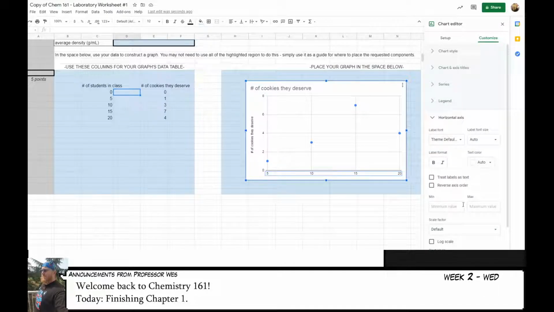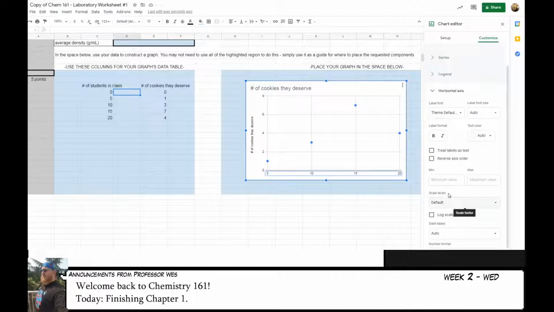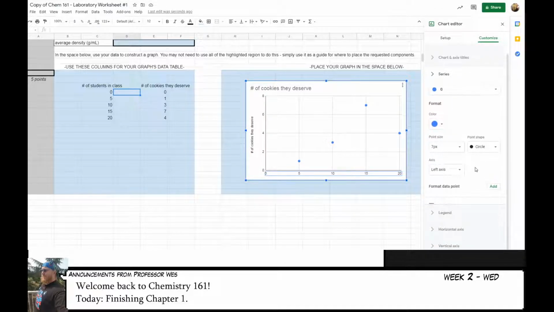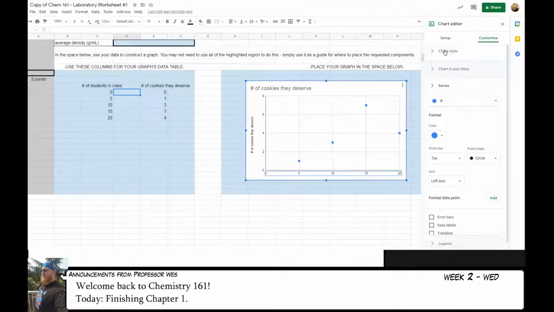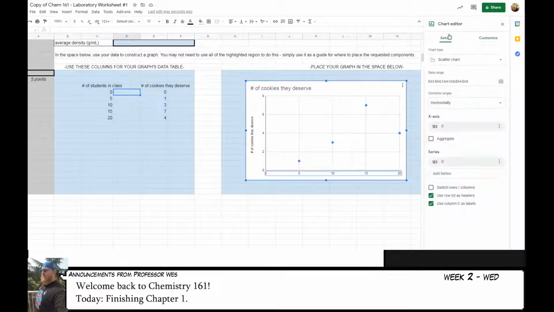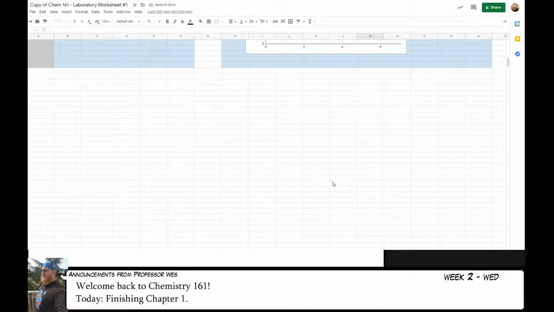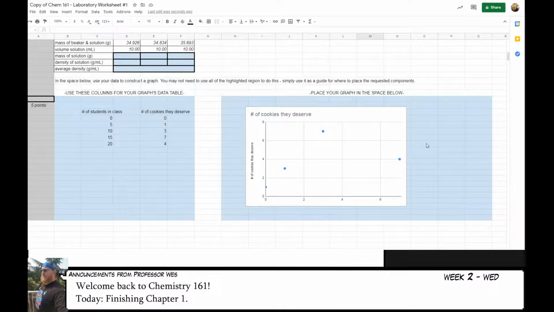X-axis, minimum value, 0. Yeah, it didn't show up for some reason. Oh, what is going on? What on earth are you doing? Oh no, is one of my keys stuck? That was weird.